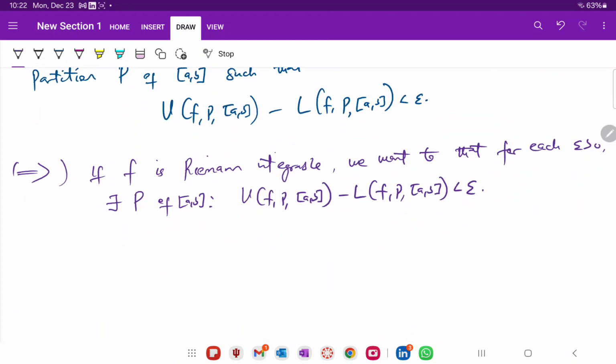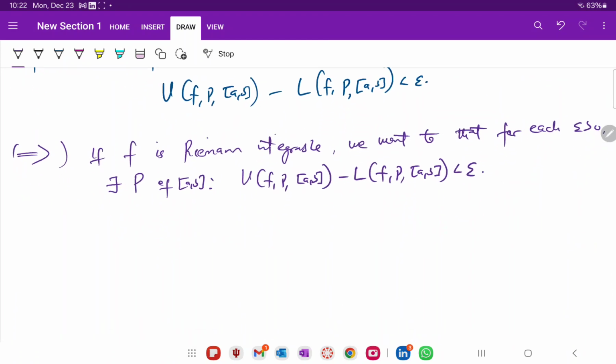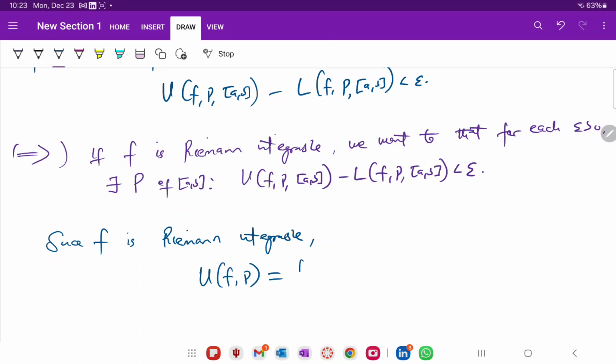So by definition of Riemann integrable, since our function f is Riemann integrable, that implies that our upper Riemann integral of f equals the integral over [a, b] of f.